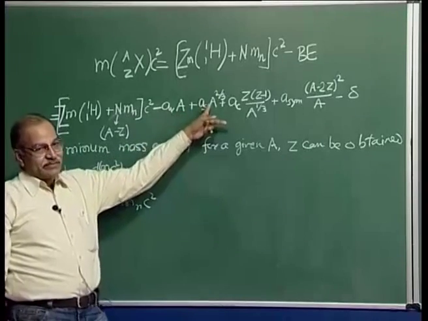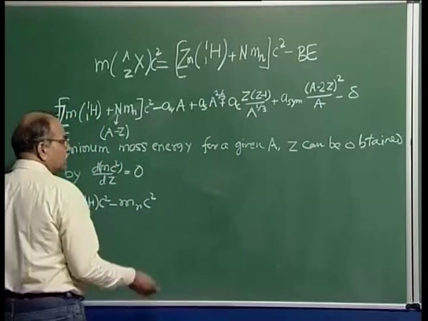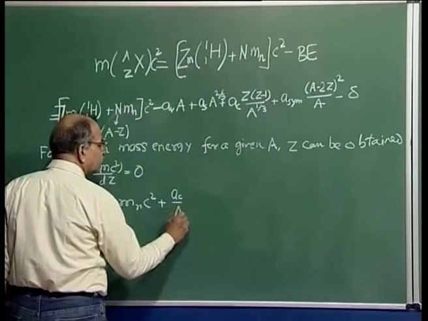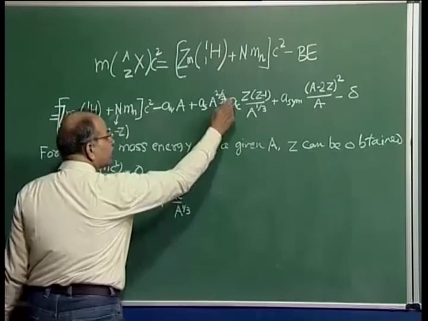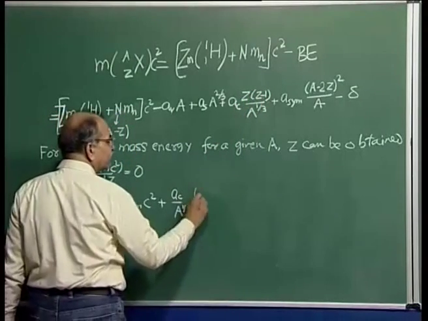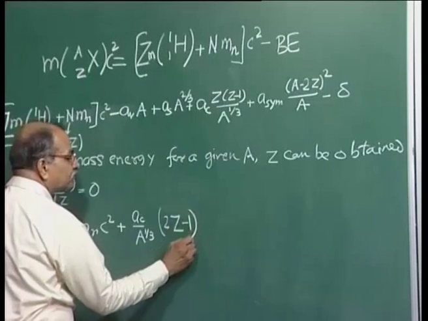Then plus AC over capital A to the power 1 by 3, and this is Z square and minus Z; Z square will give me 2Z and minus Z will give me 1.